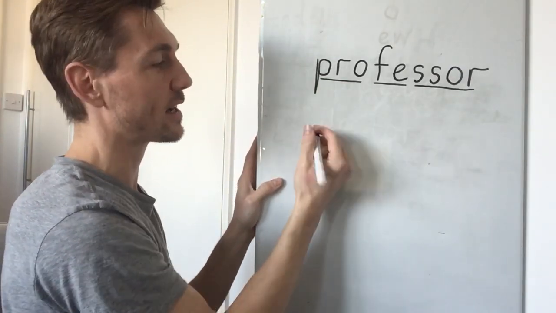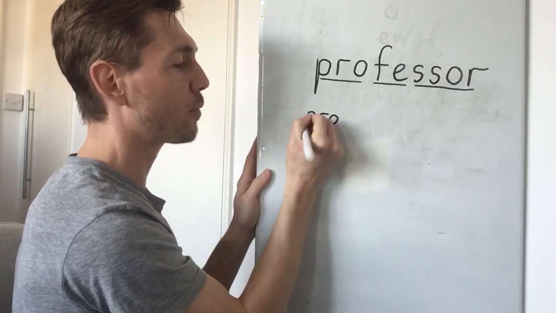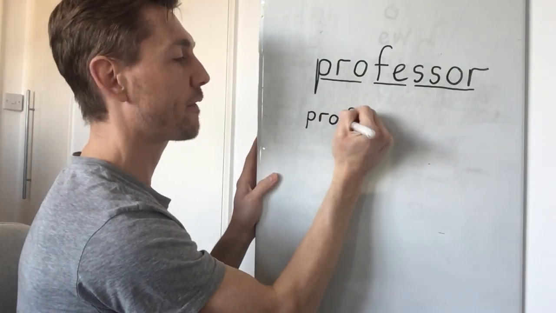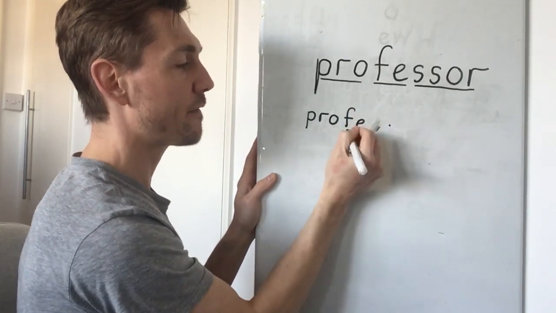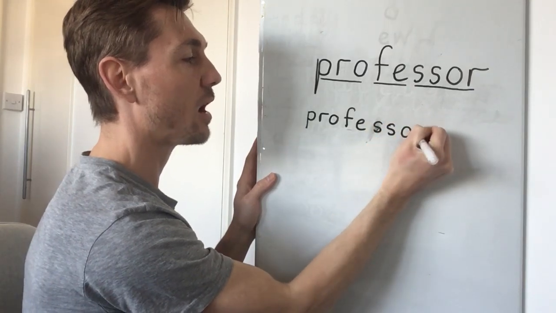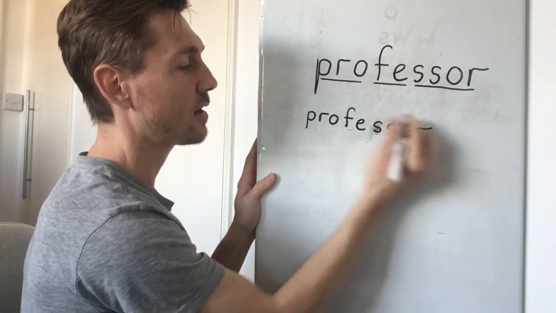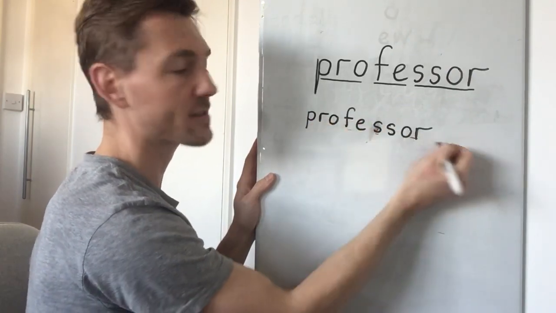Professor. Let's break it down. We've got one syllable. P, r, o, pro. F, fe, s, sor, professor, professor.